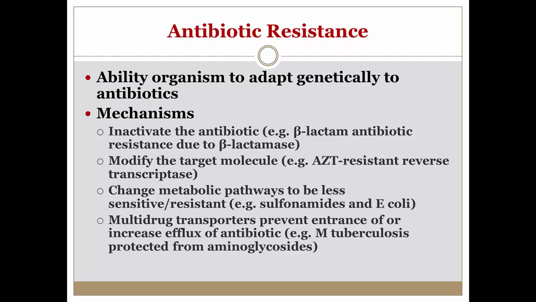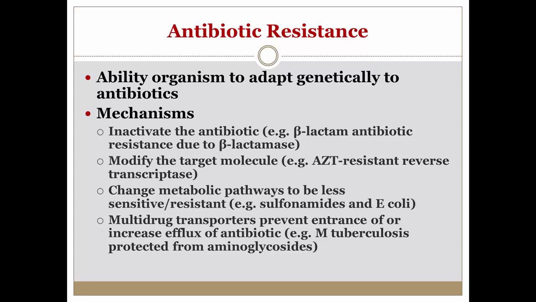So an organism can actually inactivate the antibiotic. This is what happens with beta-lactam resistance, because it inactivates the antibiotic through beta-lactamase. We've also seen this happen with a new superbug, which is carbapenem-resistant enterobacteria, CRE.